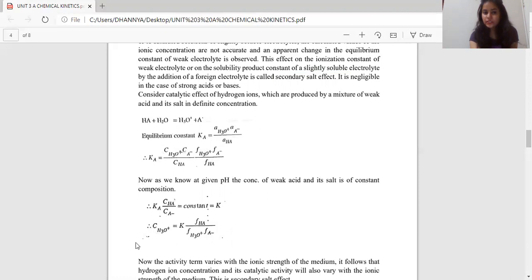This indicates that the hydronium ion, or the dissociated ion that has been formed, will always depend on the activity coefficient of the acid taken for dilution, upon the activity coefficient of the hydronium ion and the activity coefficient of the A minus ion released in the product form. So this is the end of the first two very important topics, called the primary salt effect and the secondary salt effect.